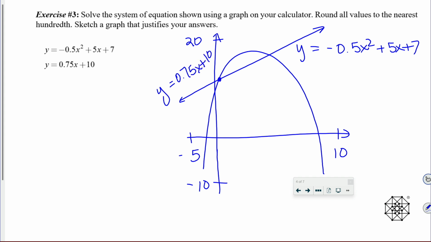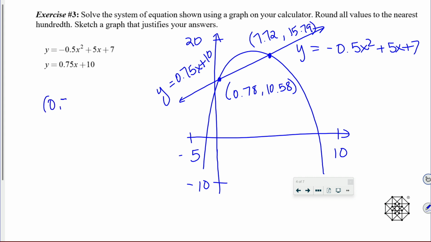We want to label our intersection points. That's going to be 0.78, comma 10.58. And this particular intersection point is going to be at 7.72, comma 15.79. And those are really our answers, right?